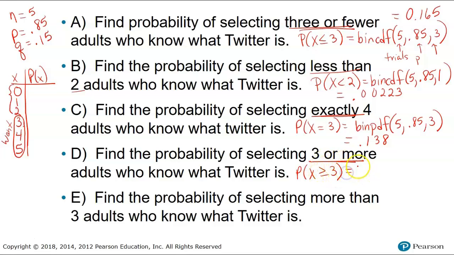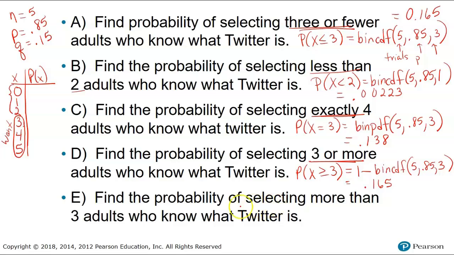And the way we work around it is to use the complement. So we're going to do 1 minus the binomial CDF, our N, and our P. And then on this, if we want greater than or equal to 3, then we need the complement to end here at 2.